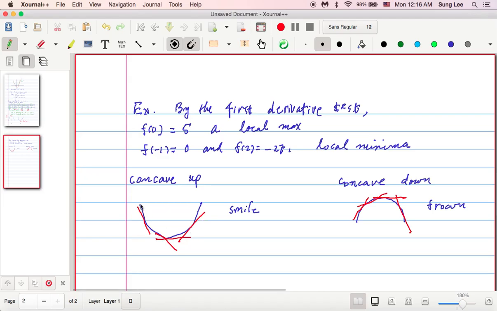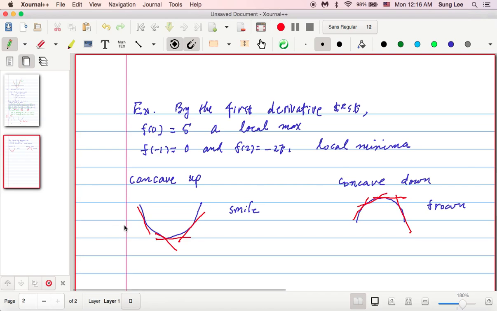In fact, these two are negative slopes, but this slope is greater than this slope because they are negative. Then the slope becomes 0 as x increases, and then the slope turns positive and keeps increasing.